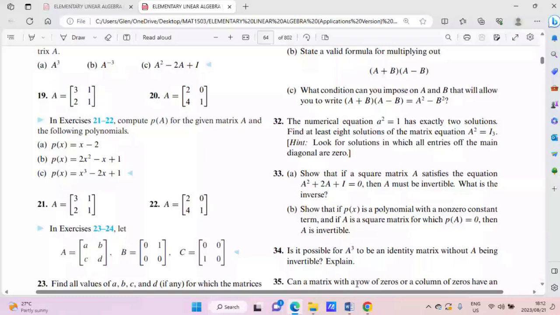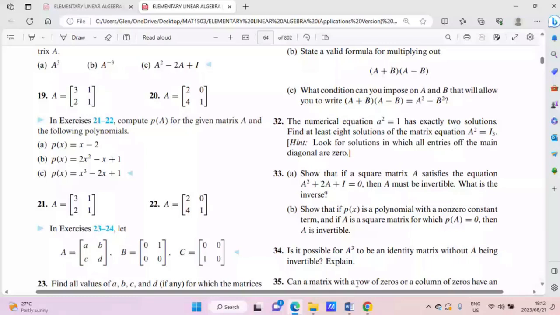I said 2 multiplied by 0 plus 4 times 1, which is 2, right? And then multiply by 2 from the 2a squared, then it's going to be 4.